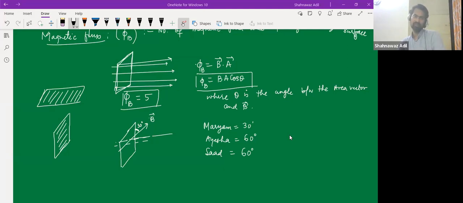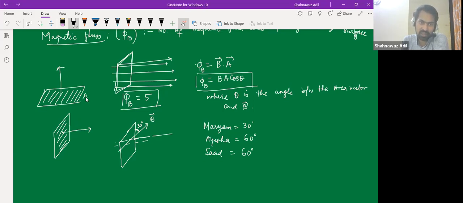This is always normal to this surface. This is the direction of the area vector.